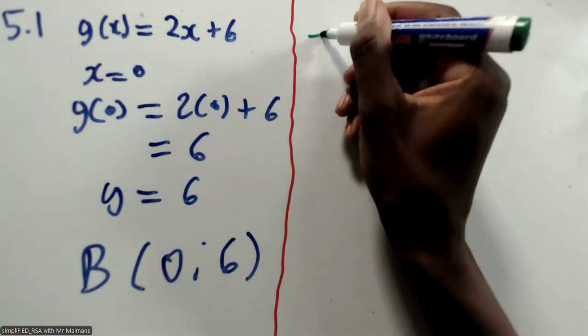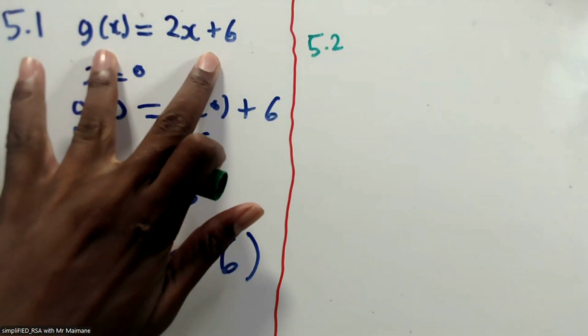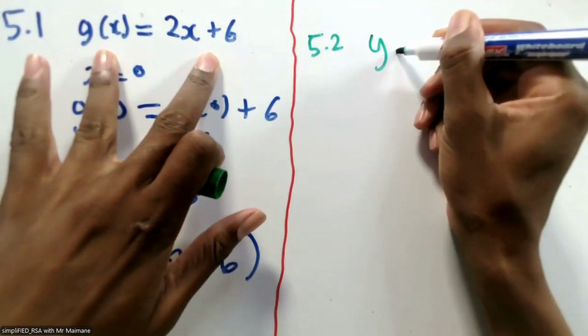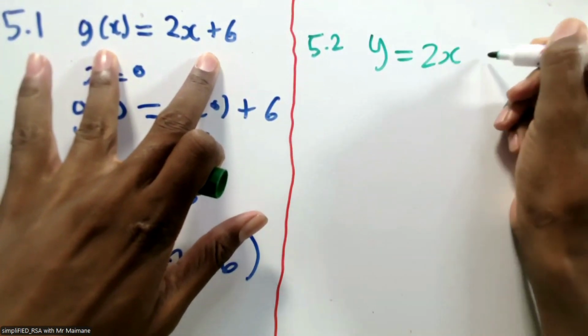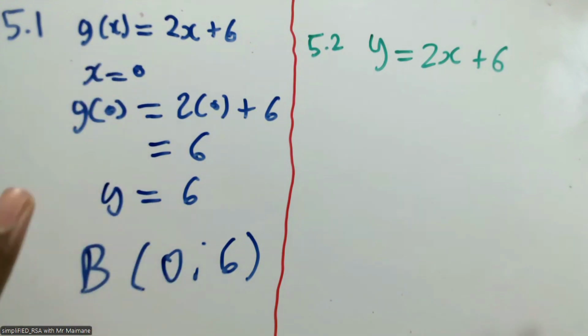So to answer 5.2, this is what I'm saying. Originally, the function of g is given like that. If the function is given like that, clearly it means that y equals 2x plus 6, because g of x also represents the y-axis there.